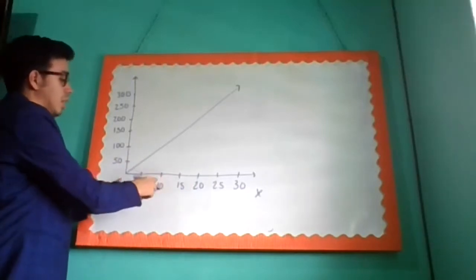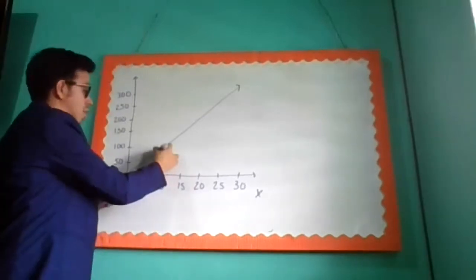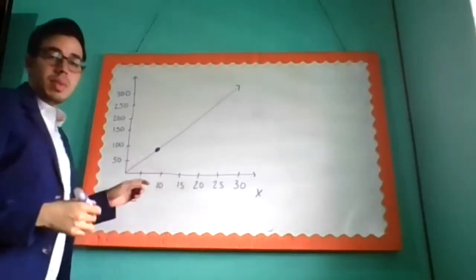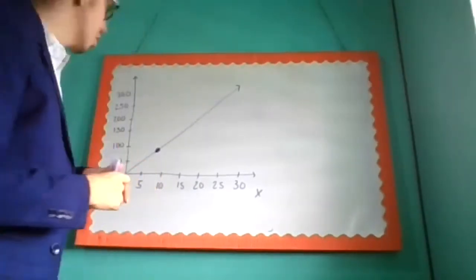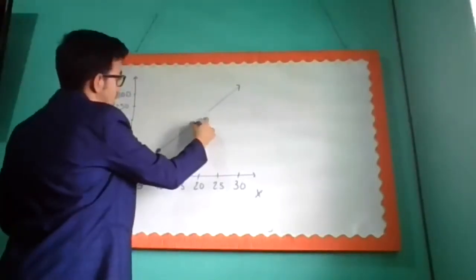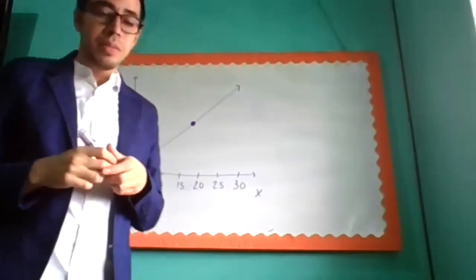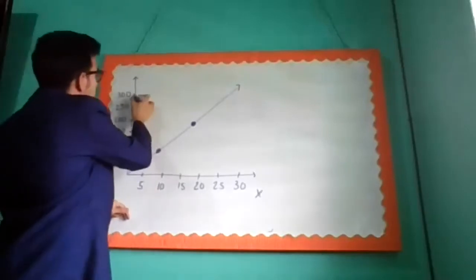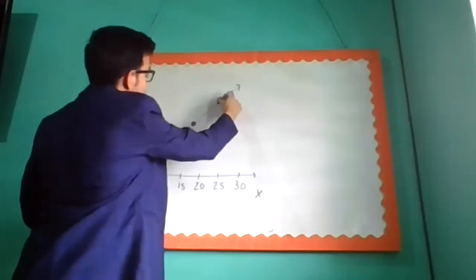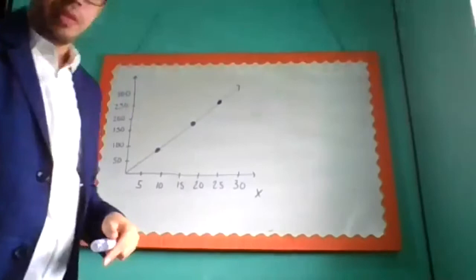When you have 10 minutes, there are 95 calories. It is going to be the point like in here. When you have 20 minutes, there are 190 calories. And when you have 30 minutes, you have 285 calories. Okay? That's what you have on the graph.